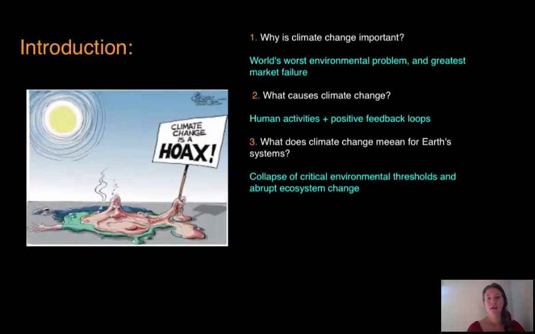So human activities obviously cause climate change, but that's not the only part of the equation. Positive feedback loops in the Earth systems, like for example the albedo effect in the Arctic, exacerbate climate change and can push the Earth systems to a critical threshold. A positive feedback loop is what happens when something happens, and something else happens and makes it worse.